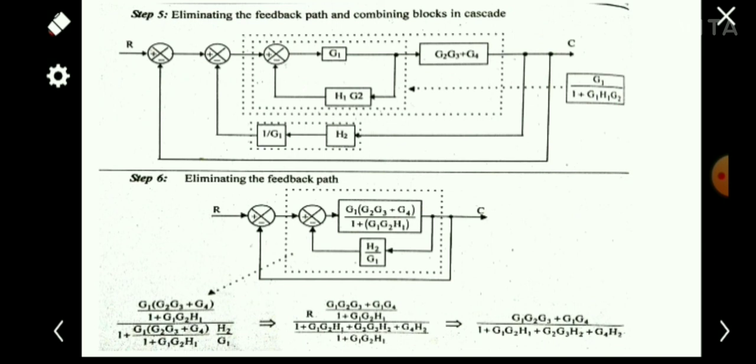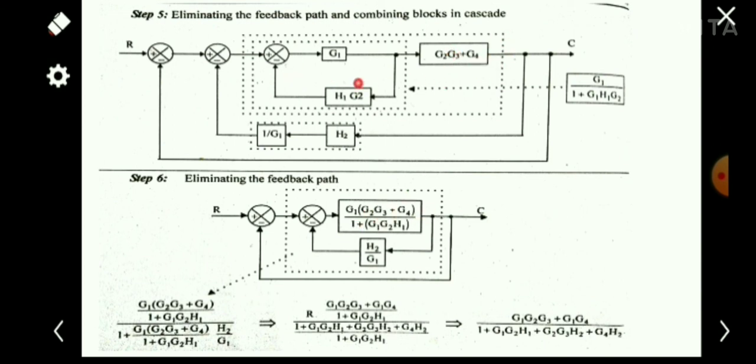And this block, we can replace this block here. So G1 by 1 plus G1 H1 G2 is here, and we can simply multiply this value with G2 G3 plus G4, that we can see here.